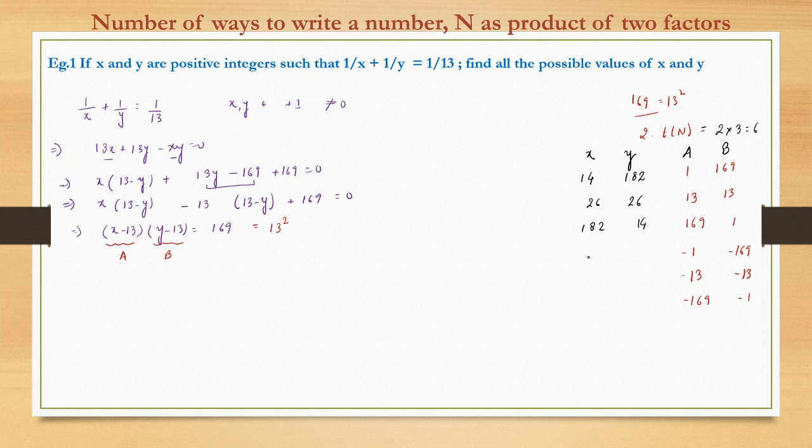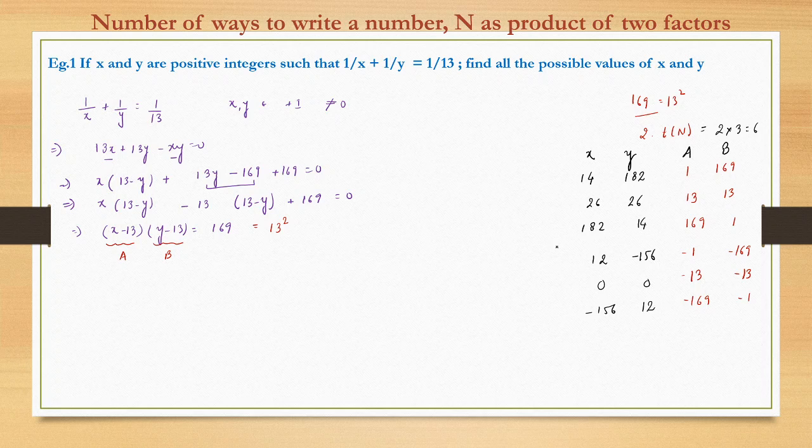If it is minus 1, then it becomes 12 and this becomes minus 169 plus 13, which is minus 156. If it is minus 13, it becomes 0 and 0, right? And if it is minus 169, it becomes minus 156 and this is 12, right?